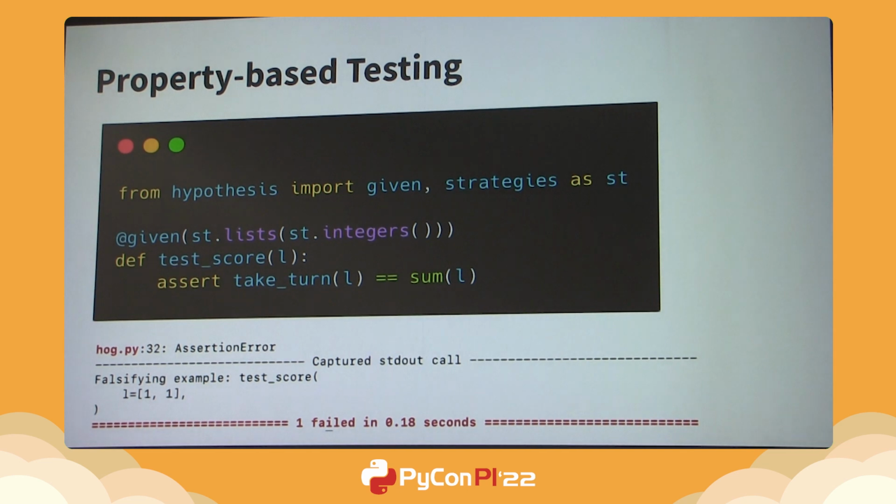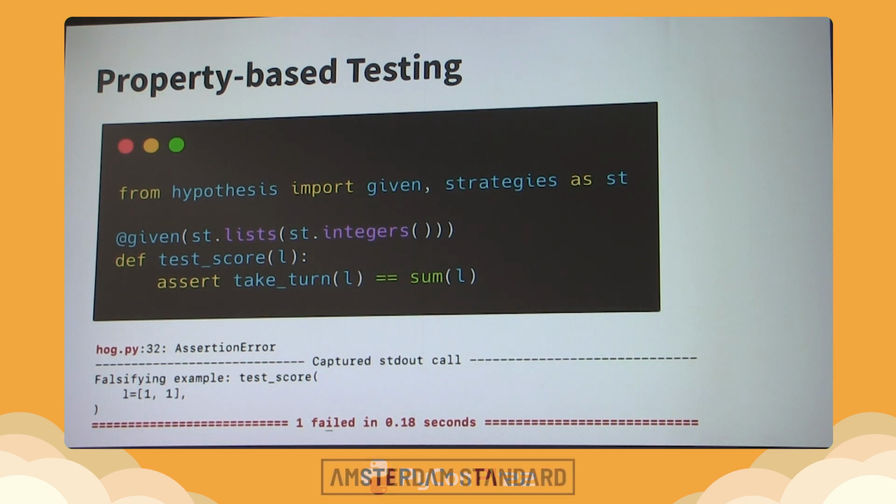So this is the example with Hypothesis, the property test for our function. From hypothesis, we import given and strategies, and we have the decorator given, and given is going to describe which type of data we want our function to try, and in our case, we want to try a list of integers, and we're going to generate this data, list of integers, with strategies.